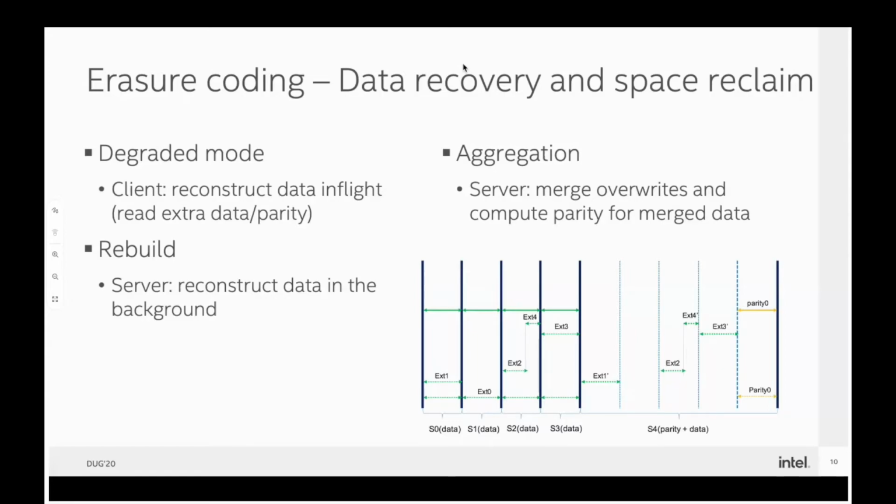It should read the missing pieces from data targets and merge with the local replicated data, then encode and write the parity, then delete all the local replicated data. And this diagram is an example of EC aggregation for an object with some partial overrides.